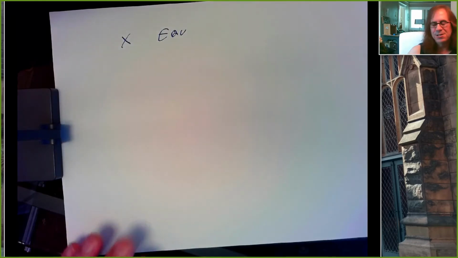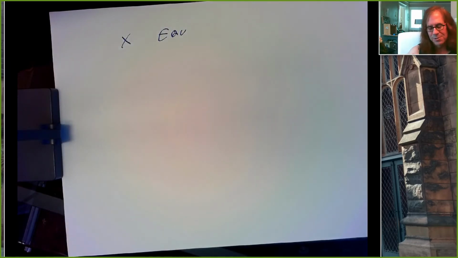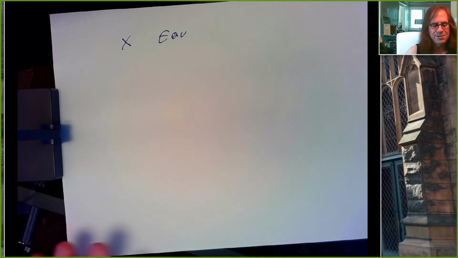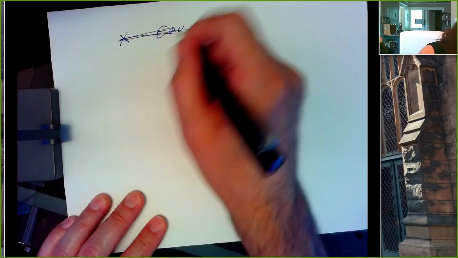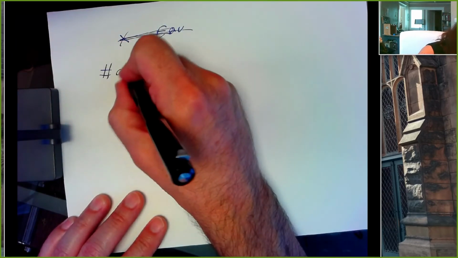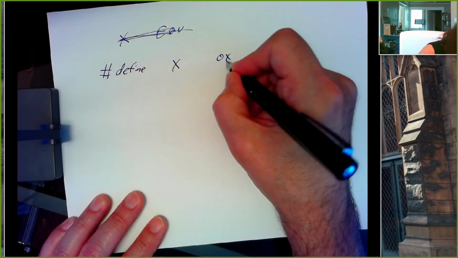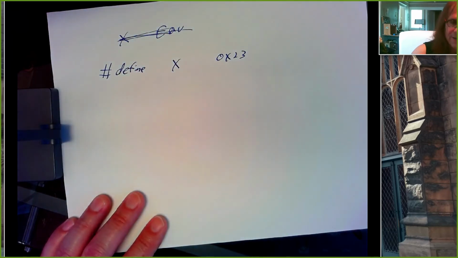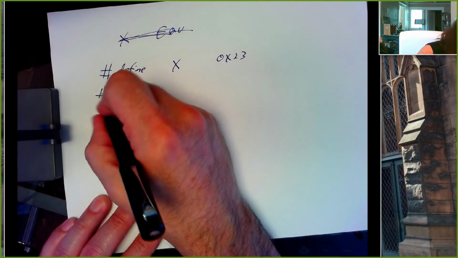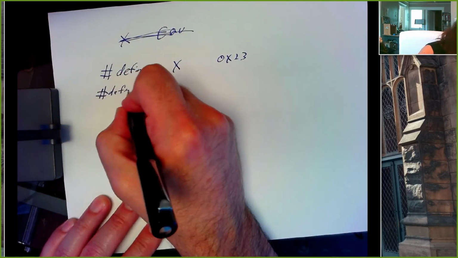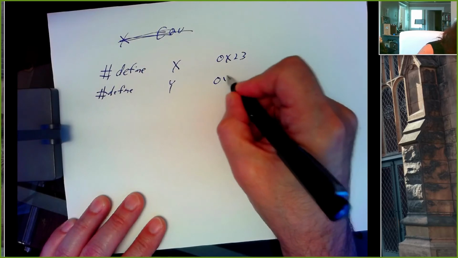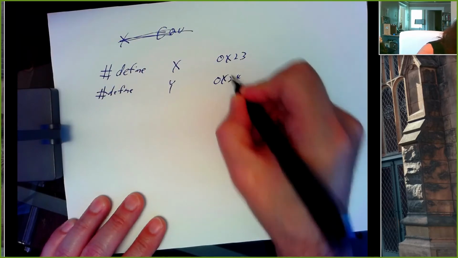But we can use these defines or EQUs to make our life easier. I'll stick with define since that's what we've got in Lab 1. So let's define x to be 0x23. Let's define y to be 0x24.